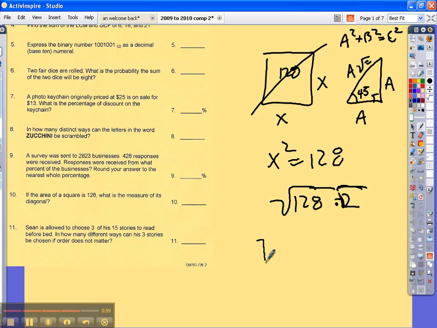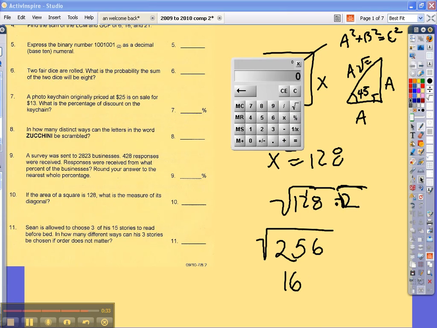So that would give us the square root of 2 times 8 is 16, carry the 1, 2 times 2 is 4, 5. So it's the square root of 256. Now that is a perfect square number, luckily for us. This is the square root of, it's either 16, or I think it's 16, or 18, but I'll double check. It is 16, and that's how you do it.